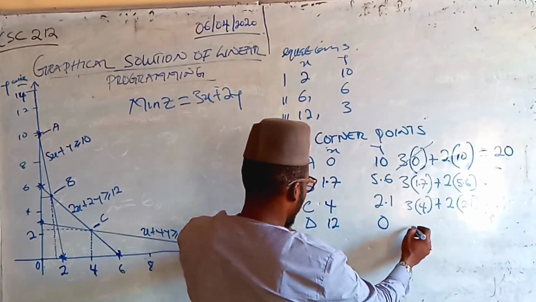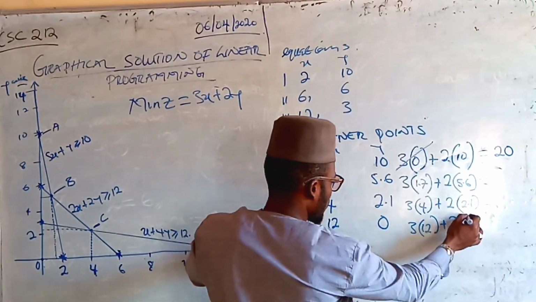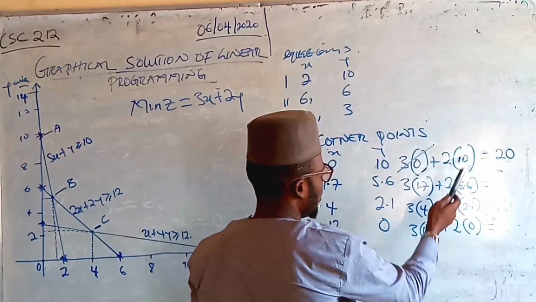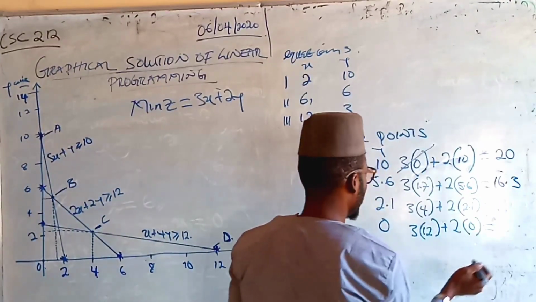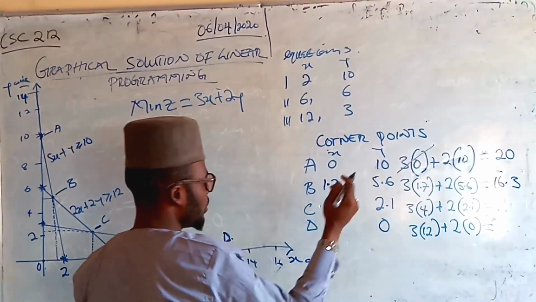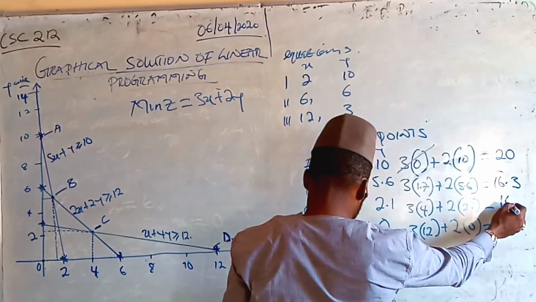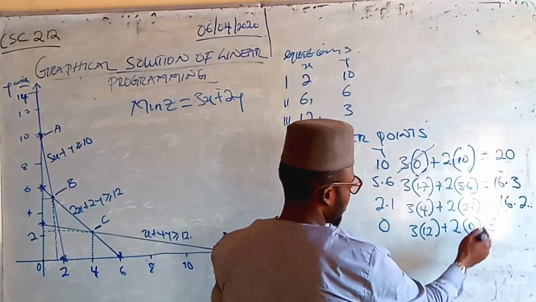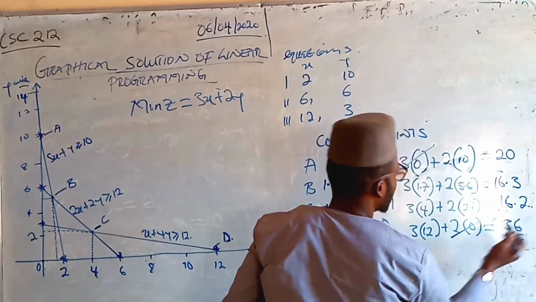And then for the last one, we have 3 into 12 plus 2 into 0. So 3 times 1.7 plus 2 into 5.6 is equal to 16.3. And also 3 times 4, which is equal to 12, plus 2 times 2.1, we are going to have 16.2. Then the last one, anything times 0 is 0. Then 3 times 12 is equal to 36.